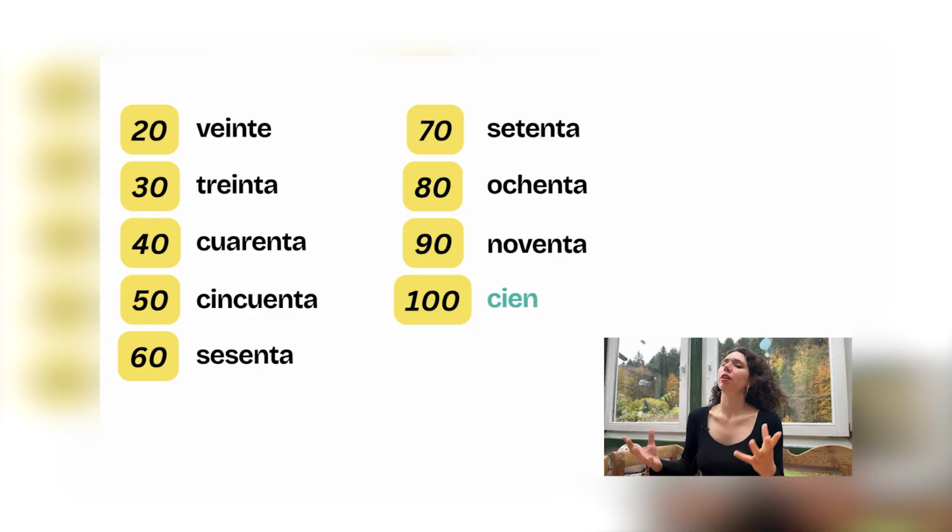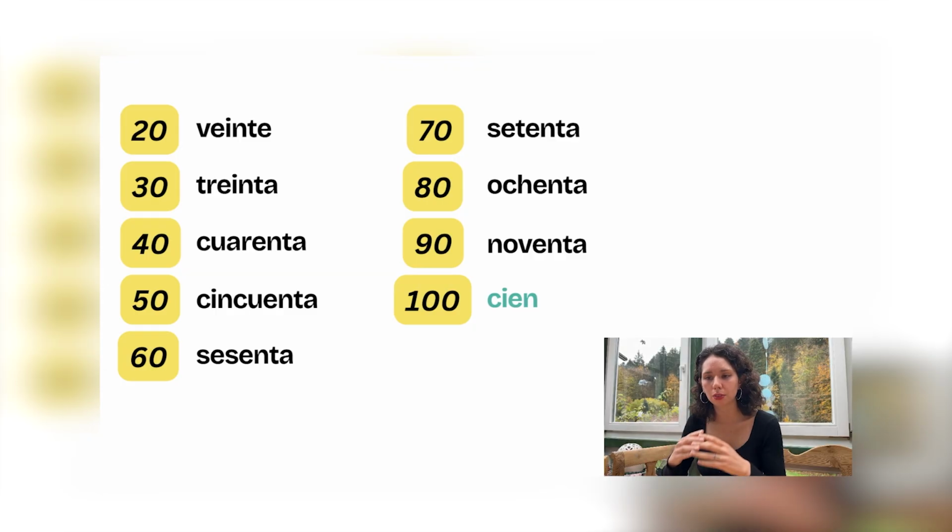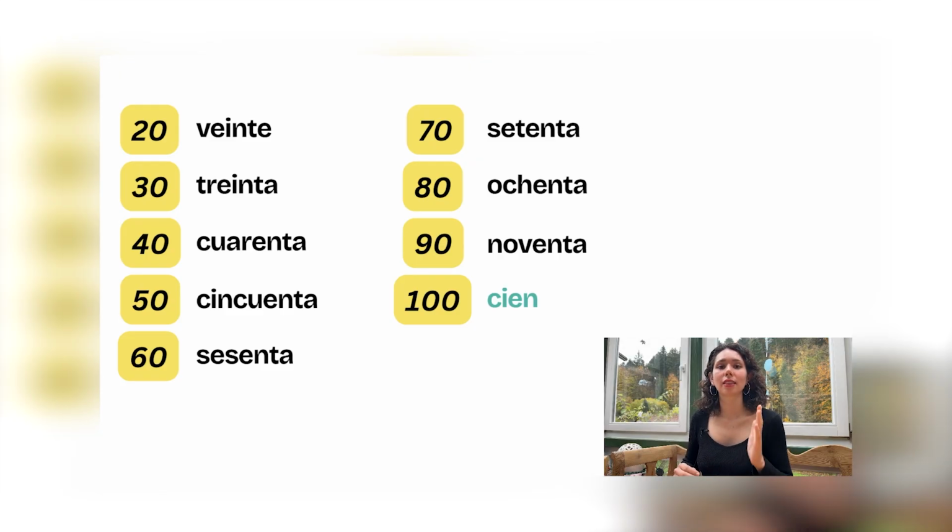Very good. Among native speakers, we normally confuse 60 and 70 because they're very similar. So it is important to pronounce them correctly. Sesenta, setenta. Okay, watch out with that.